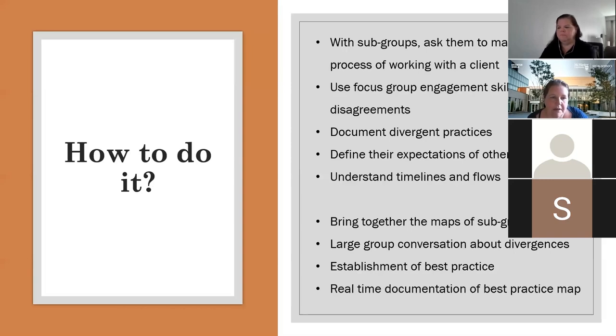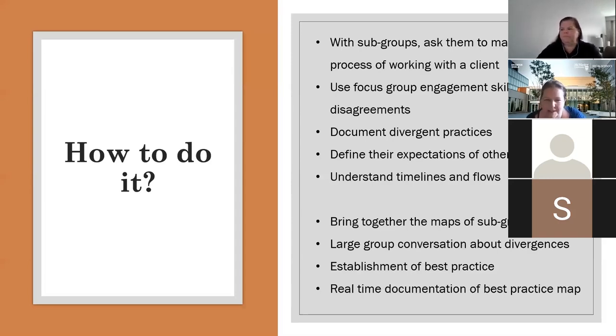It's also really important, as I talked about, to define expectations of other actors. So oftentimes, for instance, in initial intake, they might need the signature of a supervisor to close out their part of a process. Caseworkers have expectations around how available the supervisors are and how fast that happens.